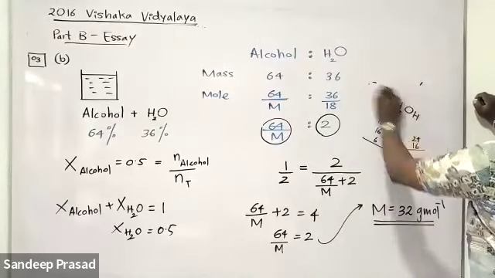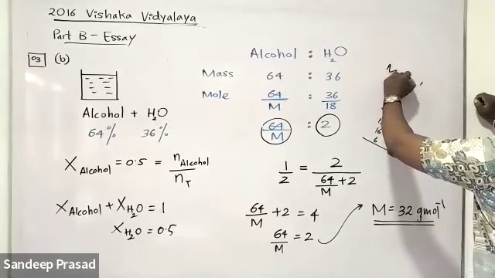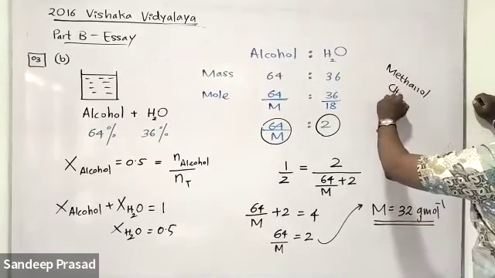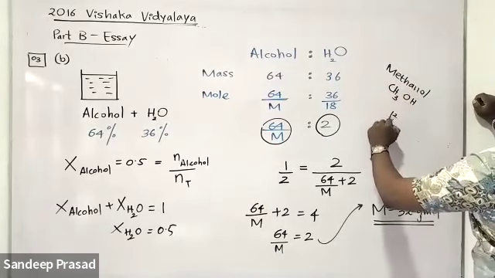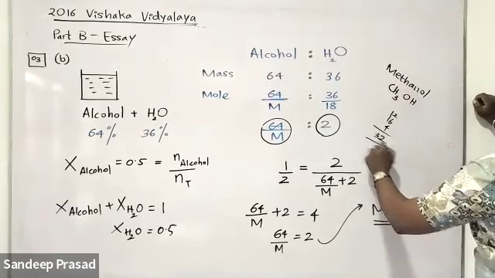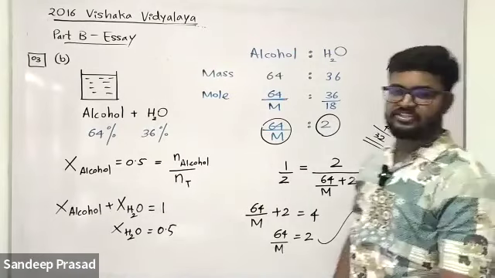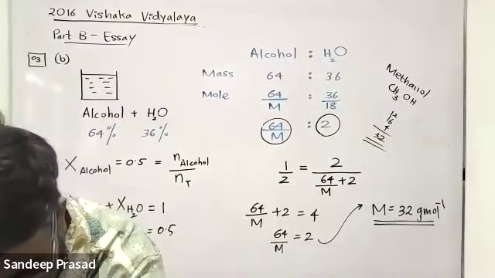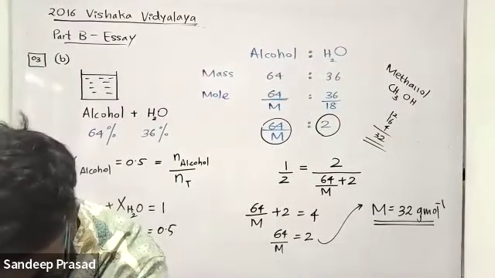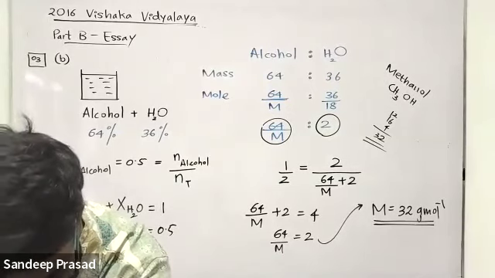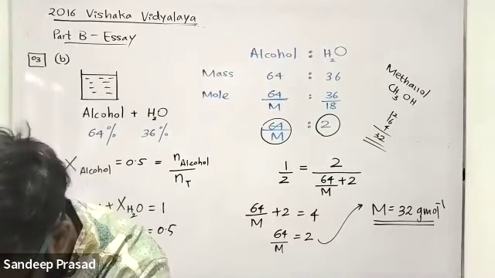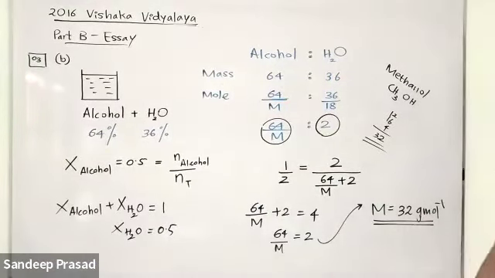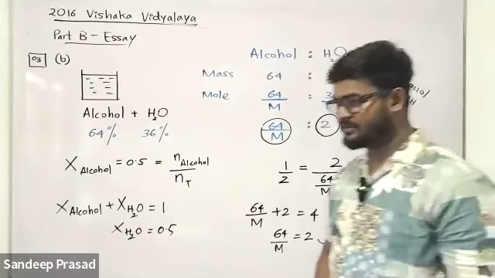This can be methanol, CH3OH: 12, 16 plus 4, 32. CH3OH, methanol, the simplest alcohol that we have. Understood? Okay. Sachin, you are correct. You gave the correct answer, but Rafa and Asma, you both are wrong. So the alcohol is methanol.